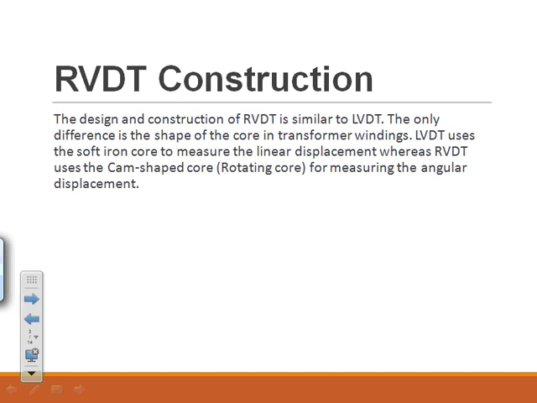Now the RVDT construction. The design and construction of an RVDT is similar to an LVDT, as I said earlier. The only difference is the shape of the core of the transformer winding. The LVDT uses a soft iron core to measure linear displacement, whereas the RVDT uses a cam-shaped rotating core for measuring angular displacement.